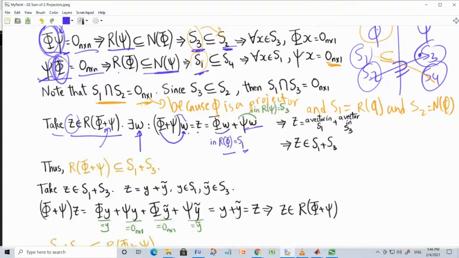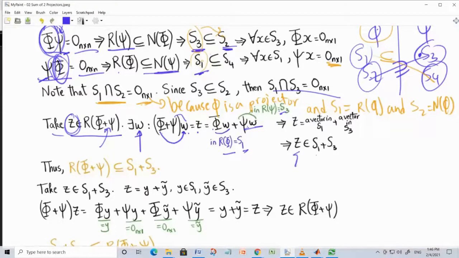And epsilon w is a vector living in the range of epsilon, which is S3. So if you start with a vector in the range of phi plus epsilon, this vector must be expressible as the sum of 2 vectors, one of them in S1 and the other in S3, and we have just said that S1 intersection S3 is just the all zero vector.